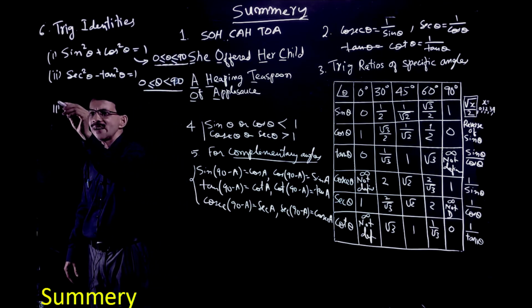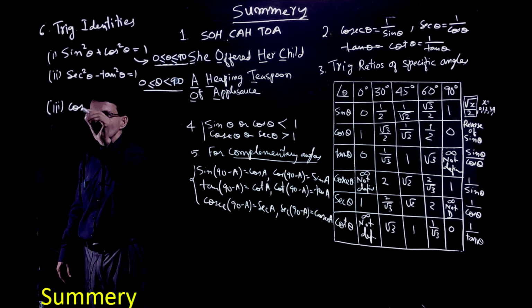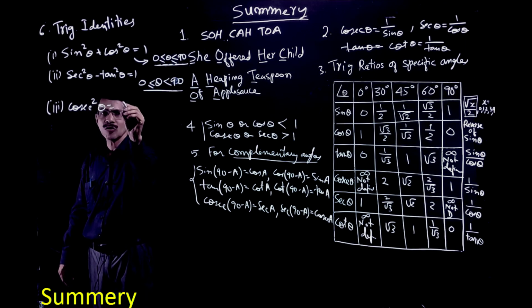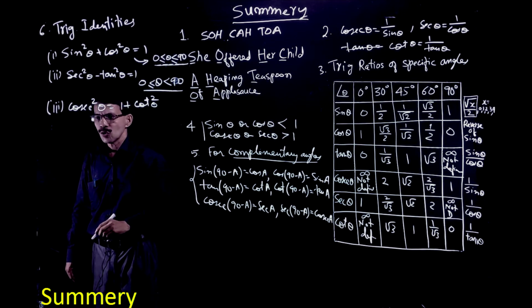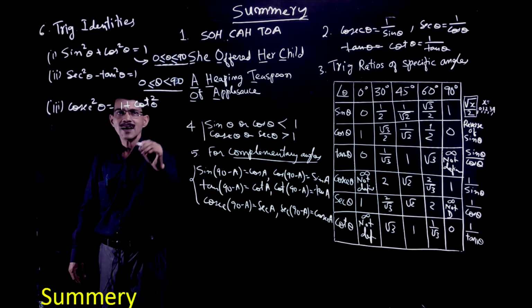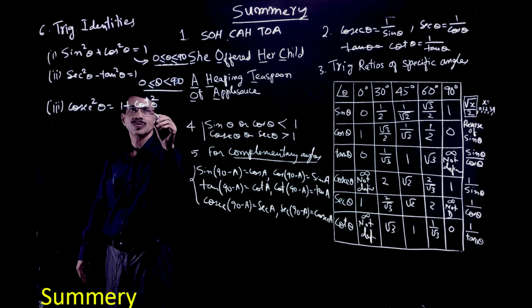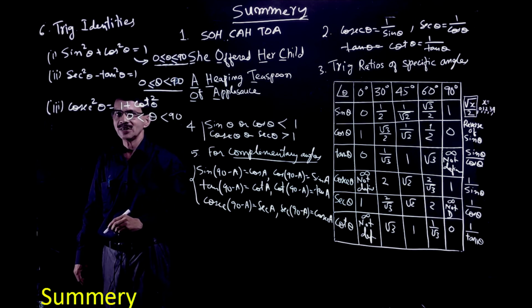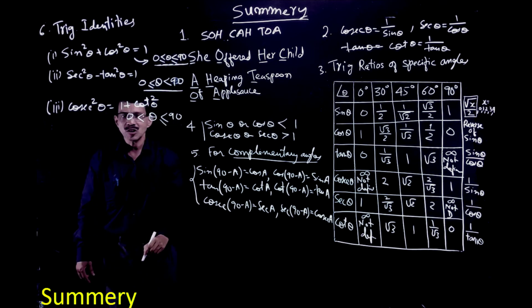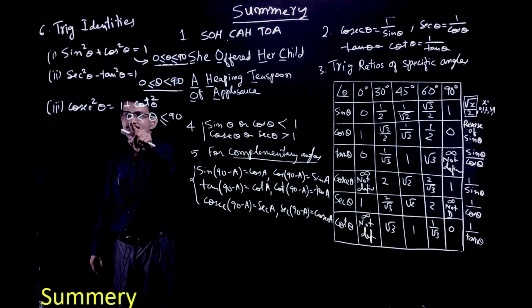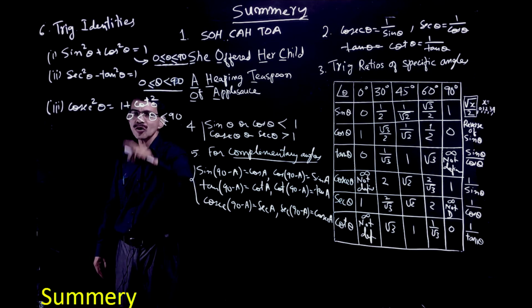And the third identity is cosec square theta is equal to 1 plus cot square theta, and this is between, of course, 90 and 0. It is inclusive of 90 but not inclusive of 0, because at 0, cot of 0 is not defined.